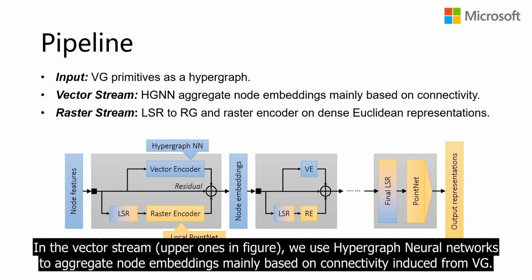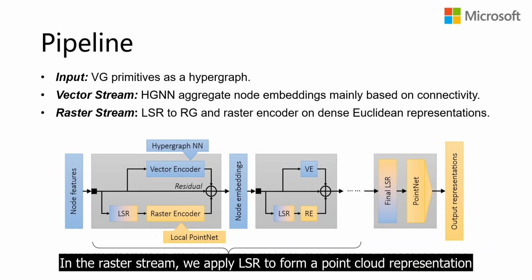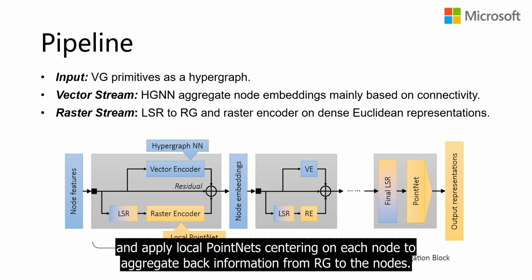In the vector stream, the upper ones in the figure, we use hypergraph neural networks to aggregate node embeddings mainly based on connectivity induced from VG. In the raster stream, we apply LSR to form a point cloud representation and apply local PointNets centering on each node to aggregate patch information from RG to the nodes.